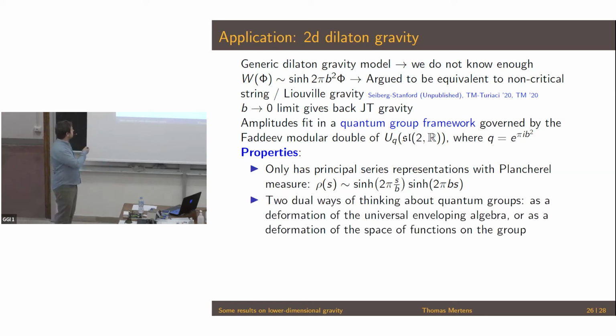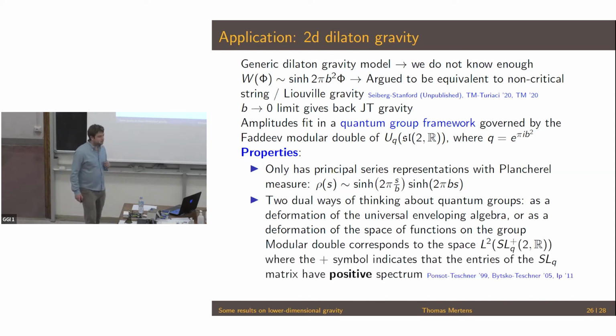And it's known that there are two dual ways of thinking about quantum groups. The first is as a deformation of the universal enveloping algebra, which is the standard way of thinking about them, or as a deformation of the space of functions on the group. If you take that second perspective, then some very suggestive formulas have been written down, mainly by Teschner and collaborators, because this modular double corresponds, in the second formulation, to the space L squared SL_q(2,R)_+.